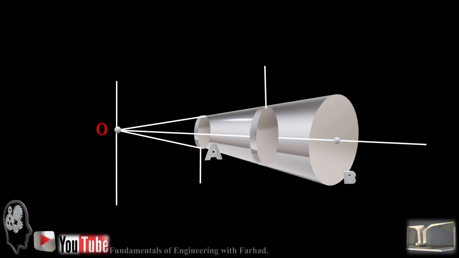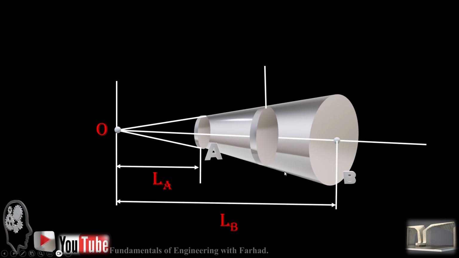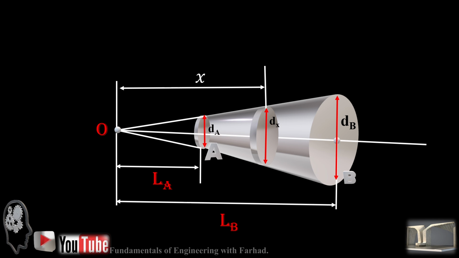So again, if we just extend it to the origin O, so that we have an entire cone, then we have LA equal to L, LB equal to 2L, because the information for the length is provided.